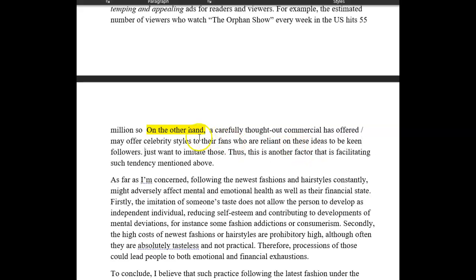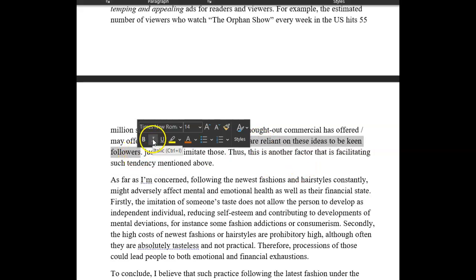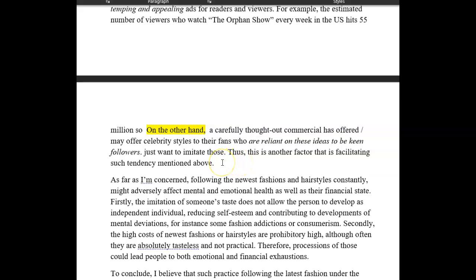Okay, right. So a carefully thought out commercial may offer celebrity stars to fans who are reliant on these ideas to be keen followers. Just so we talk about followers, okay, which is the idea of imitating. It's another factor that's facilitating such tendency. Good. Okay. Very nice.